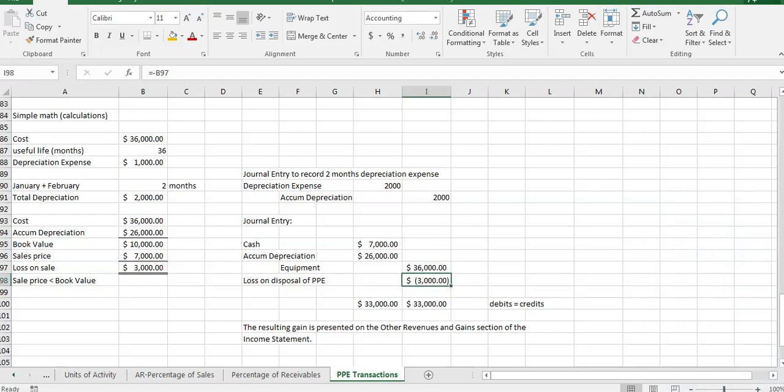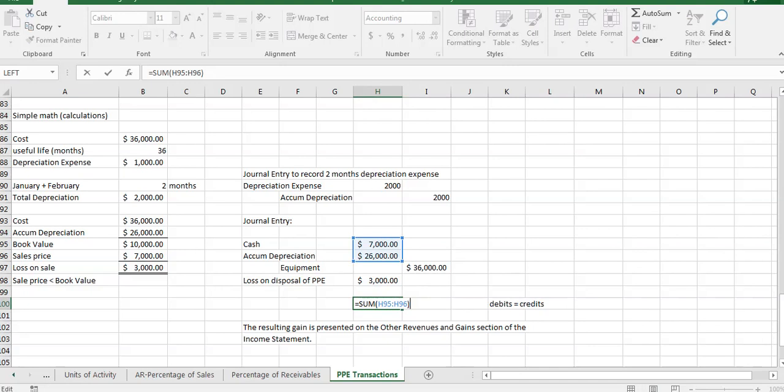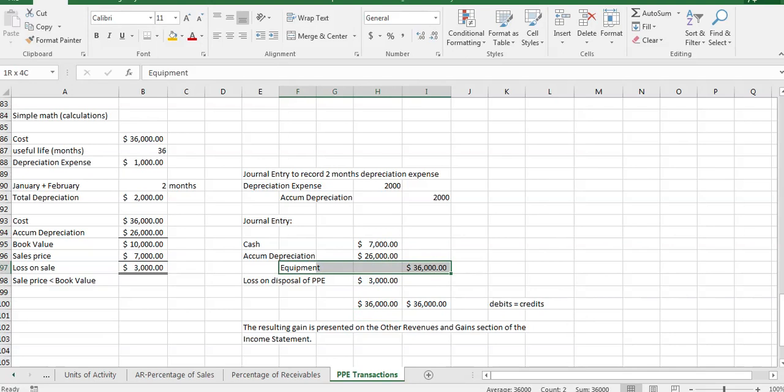We will eliminate this, and let me plug in so we got our formula right, and let me correct this so it will add up correctly. So we have that 36,000 on the debit side, 36,000 on the credit side. Let me move this in a way that it will be correct and well presented.